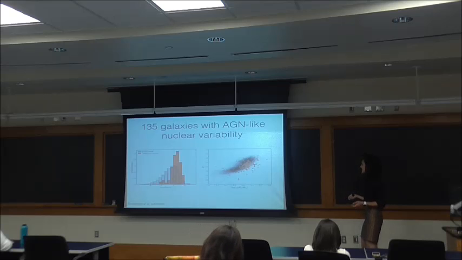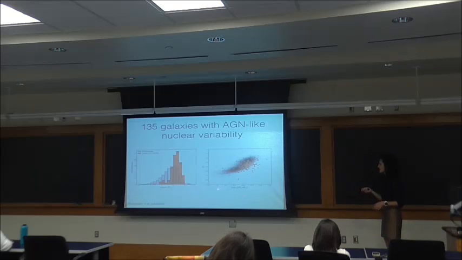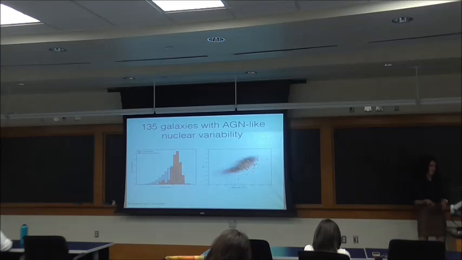So they skew towards higher stellar masses. This is just showing their g minus r colors as a function of stellar mass. The underlying contours, again, are the whole sample, and the orange data points are our variability-selected AGN. So our sample skews towards higher stellar masses and bluer objects.